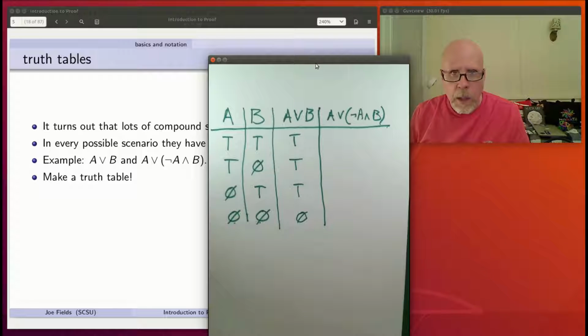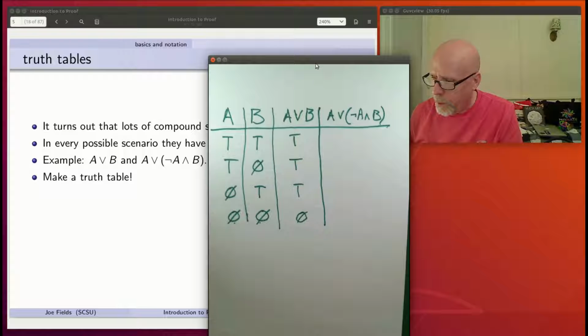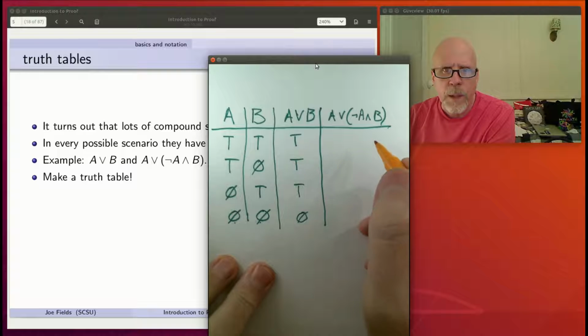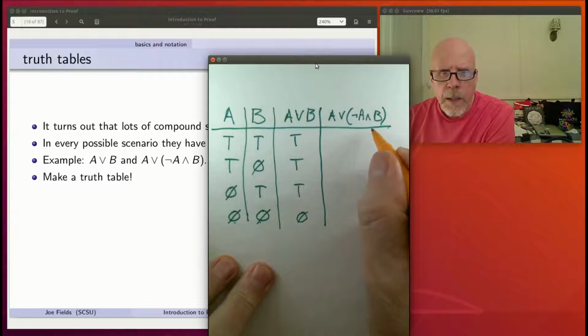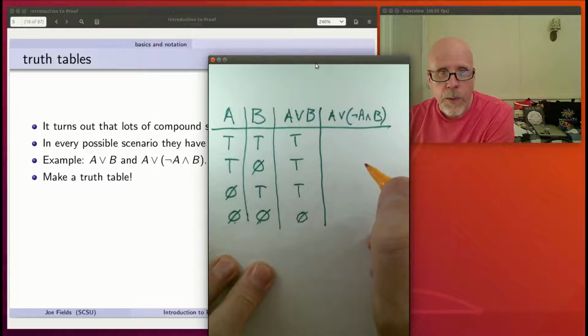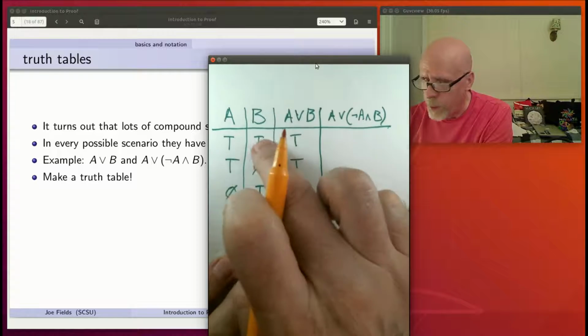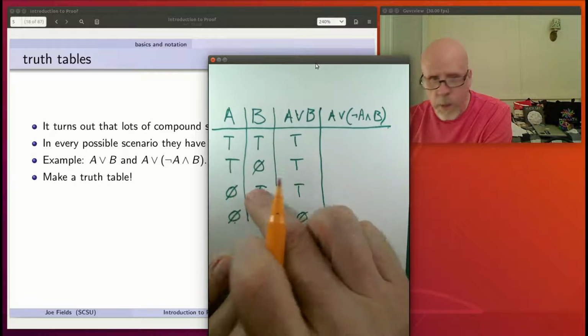I'm going to lightly write in the values of not A and B in here. Not A and B, well, that's an and sentence. And sentences are true in one row, right? So what row is not A and B going to be true in? We need B to be true, so it's either that one or this one.